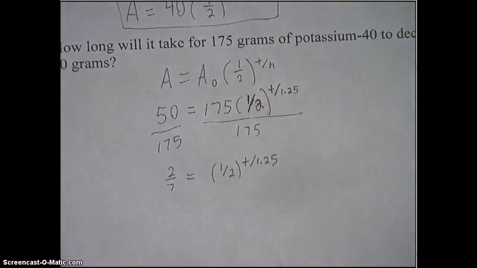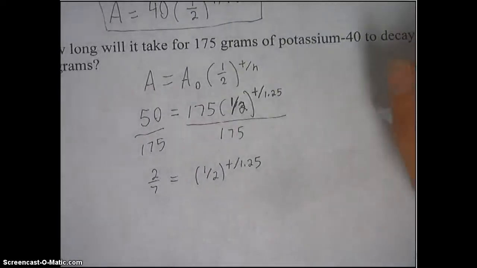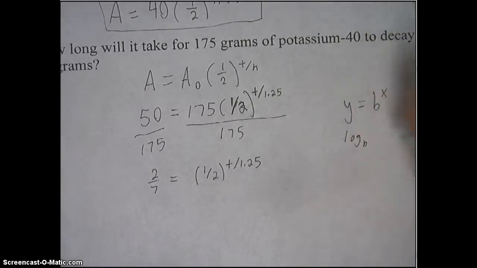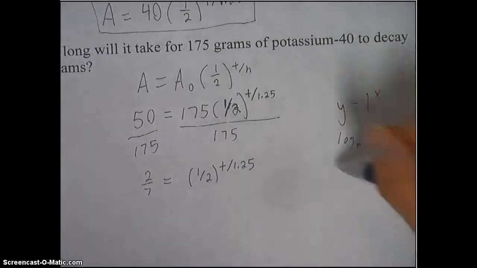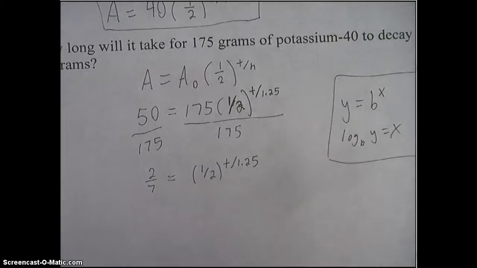At this point, we are going to want to use our log rules. Don't forget, this is way back in the first video there. Y equals b to the power of x, and log base b of y equals x. I'm going to rewrite this equation right here as a logarithm.